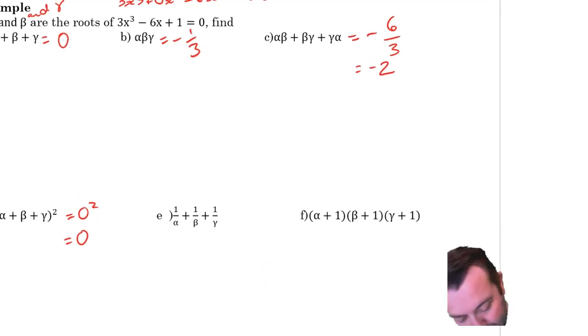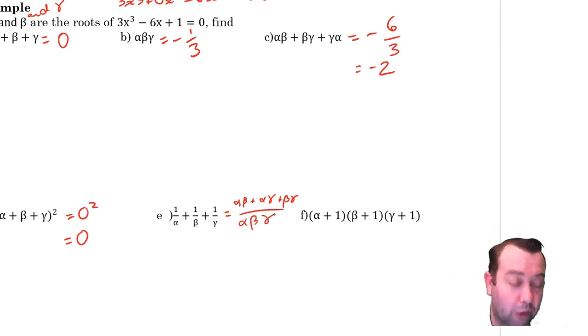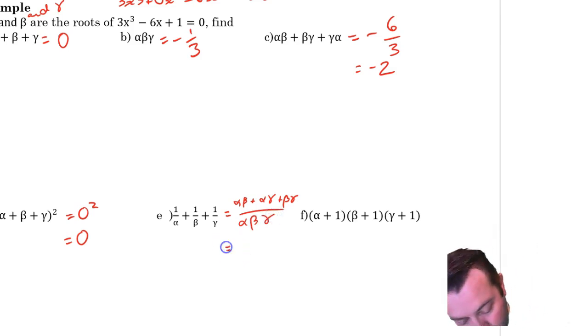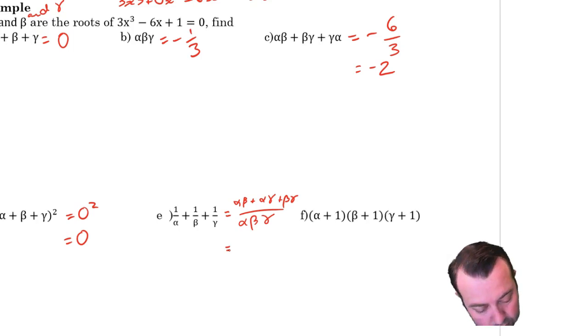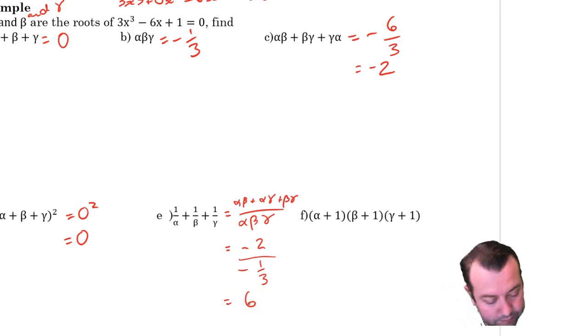Once again, to add our fractions together, it's going to be alpha beta plus alpha gamma plus beta gamma over alpha beta gamma. We find equivalent fractions with a common denominator, and that equals the sum of the pairs, negative 2, over the product, negative 1 over 3, and that just equals 6.